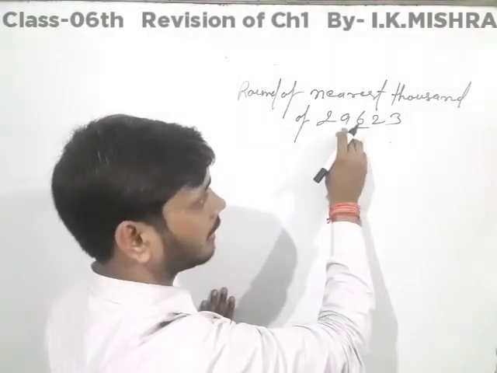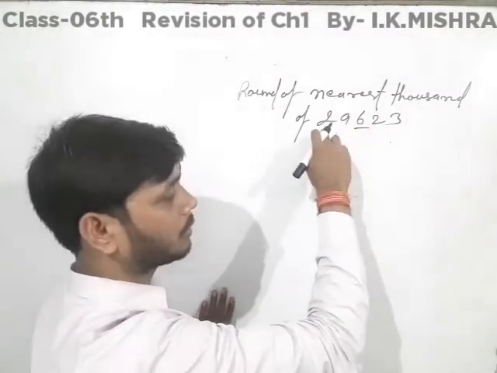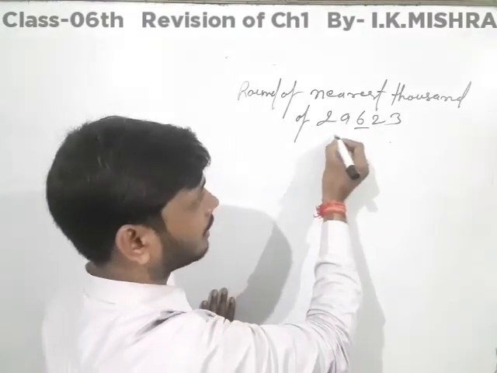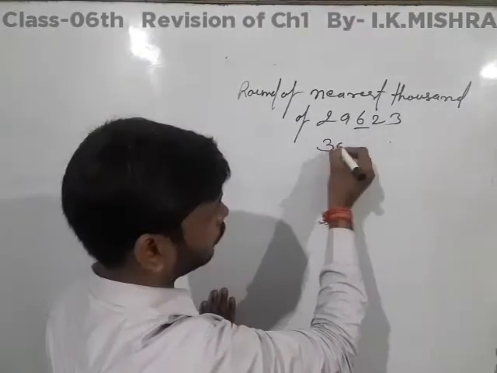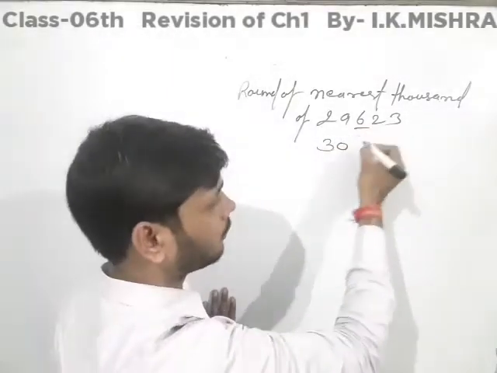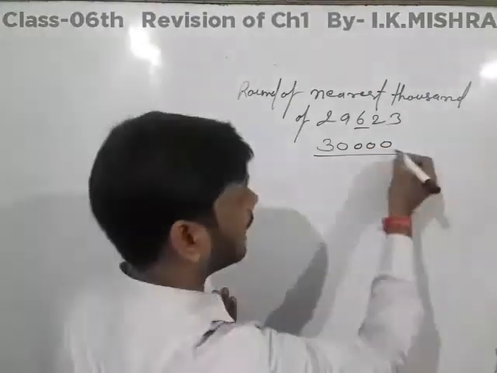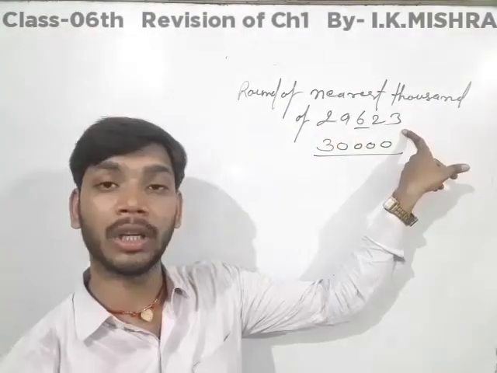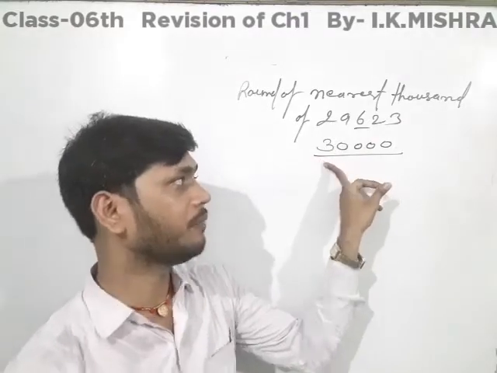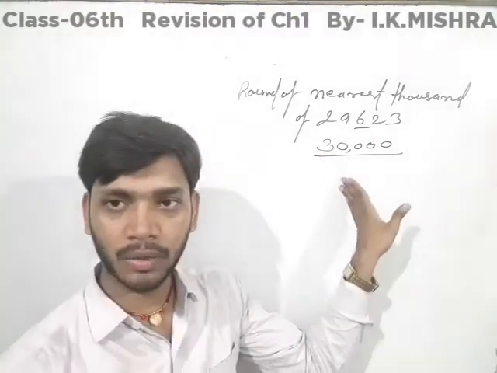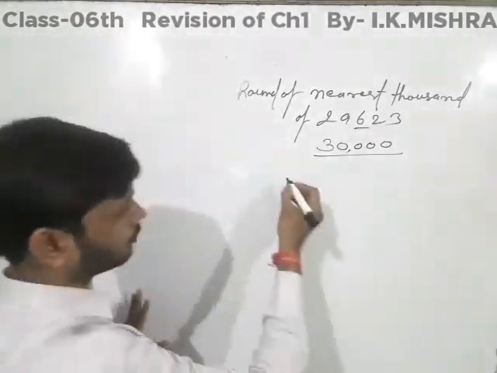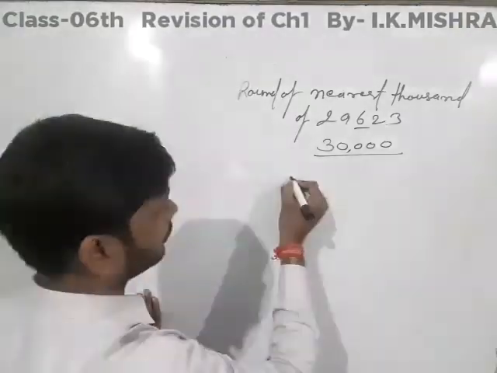When you add, it will be 0 and it will be 3. The estimation is 3, 0 and make the rest 0, 0, 0. That means its nearest 1000 is 30,000. Clear, students?